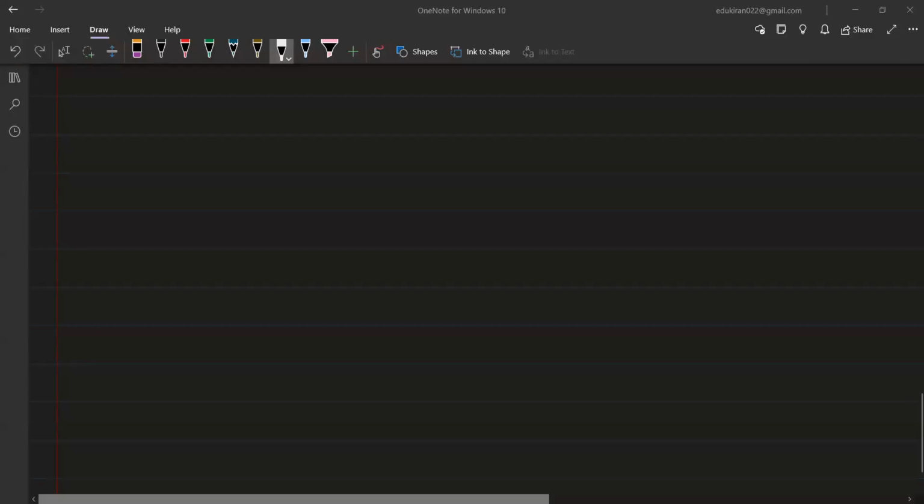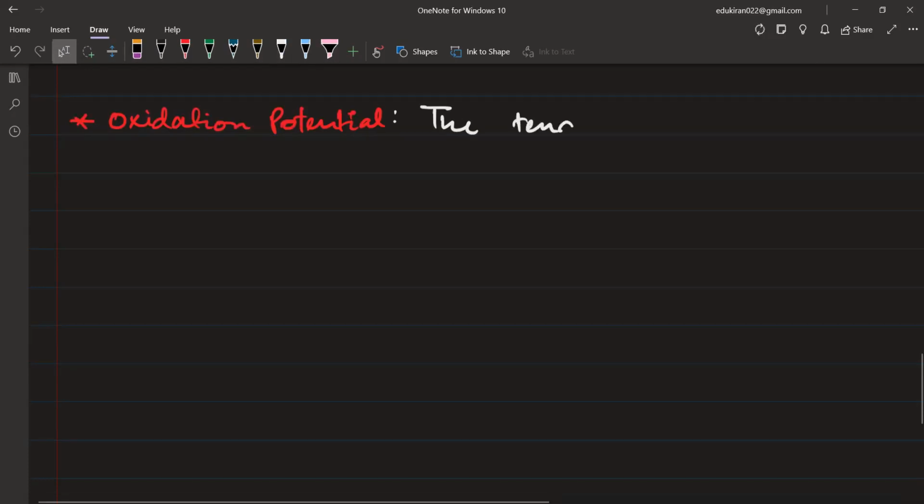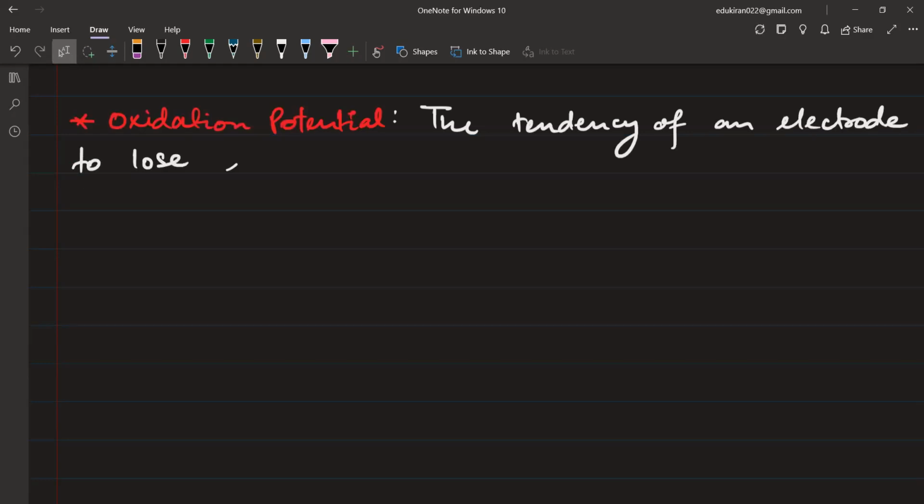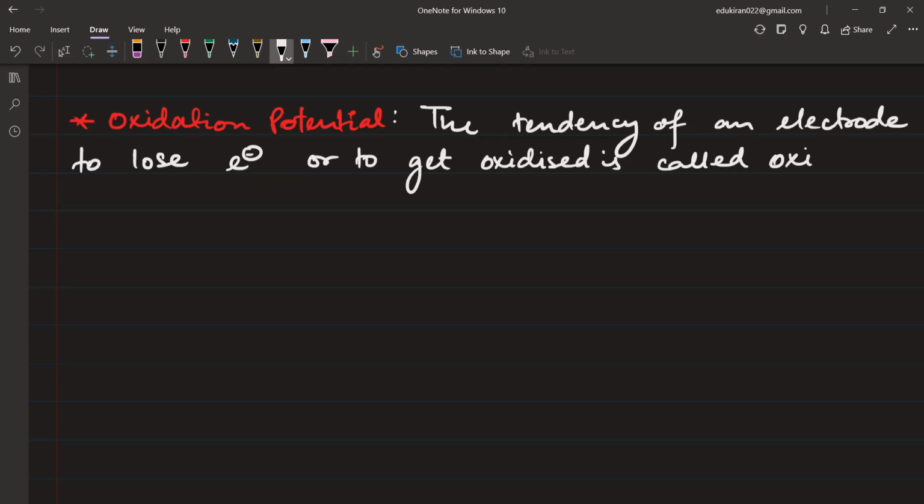First of all, write two terms, oxidation potential and reduction potential. The tendency of an electrode to lose electron, that means to get oxidized, is called oxidation potential.